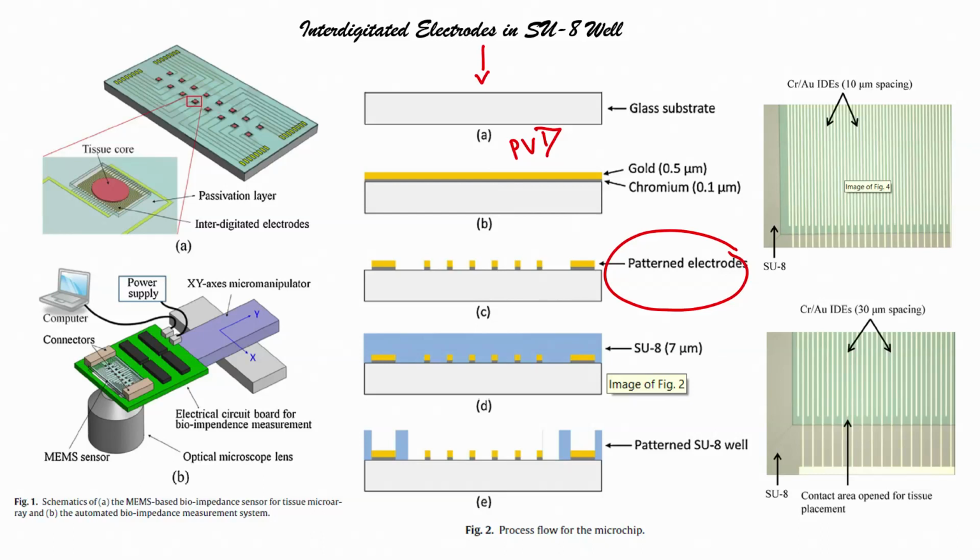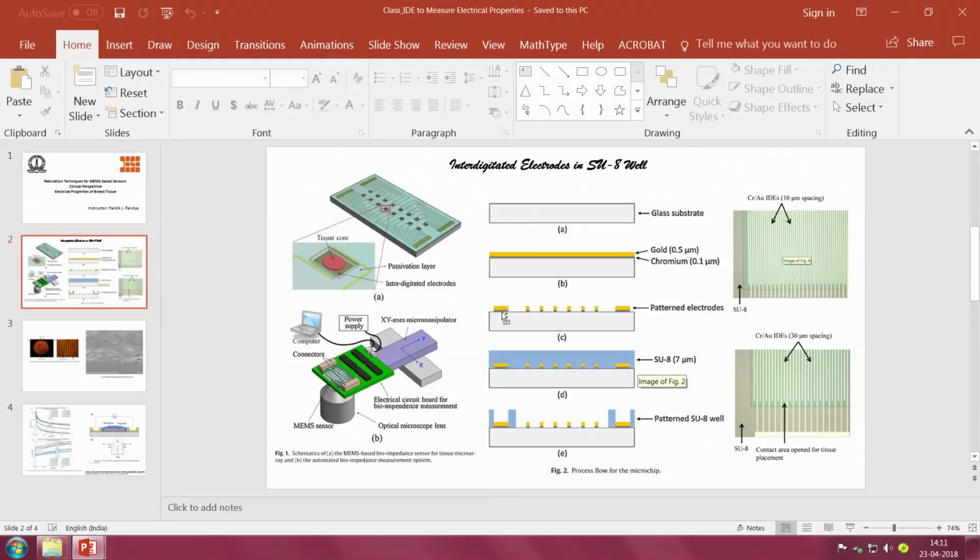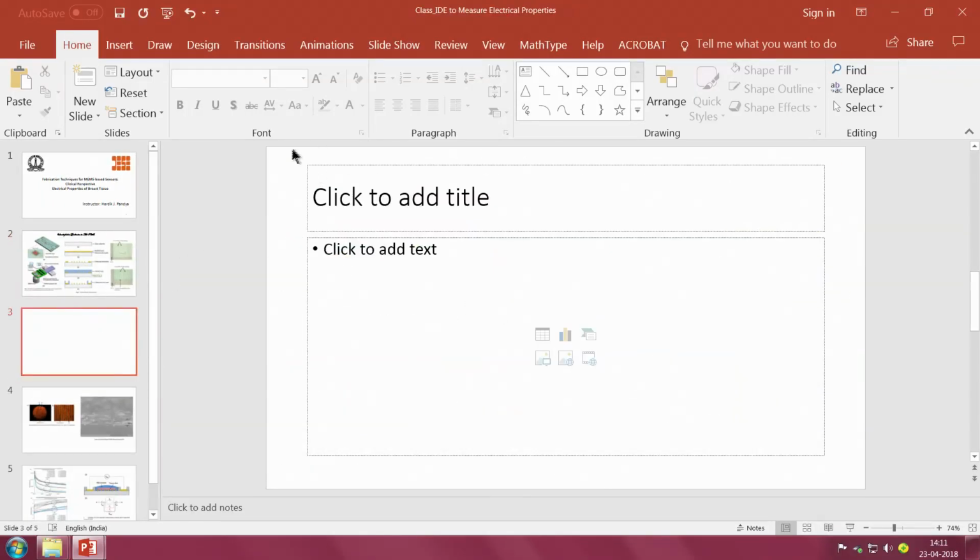So, how can we pattern these electrodes? Let us do it like this. Let me draw the process flow for you, so it becomes easier.